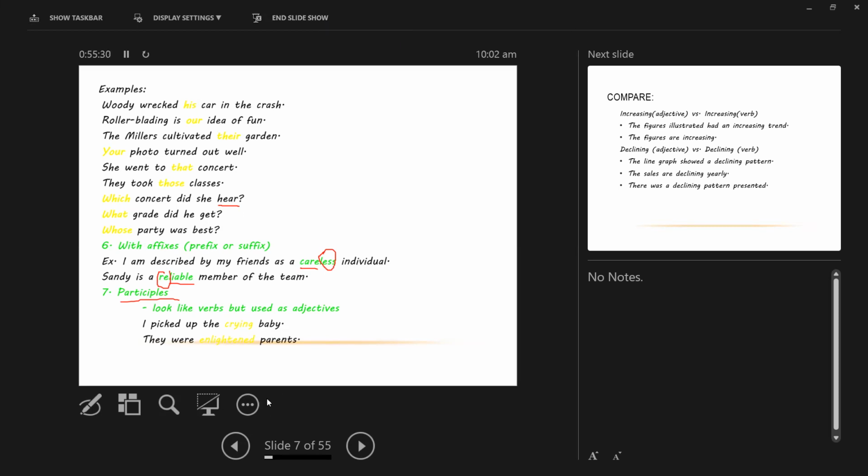Okay? So, I picked up the crying baby. Diba? Kung hindi natin dinidiscuss ang adjectives, you would be saying that crying is supposed to be a verb, right? However, in this case, it is not used as a verb, it is used as an adjective which modifies the word baby. What kind of baby is it? It's the crying baby.